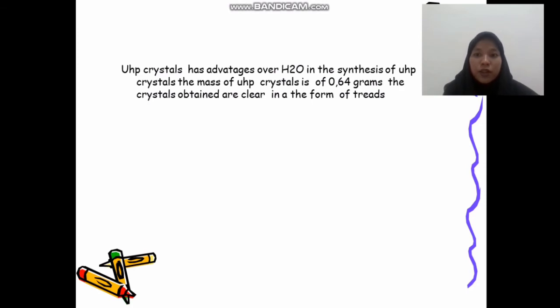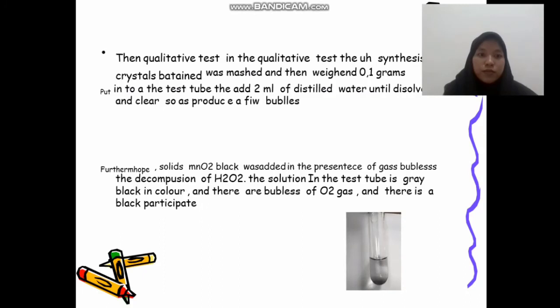The next is the UHP crystal and the synthesis of UHP crystal. The mass of the UHP crystal is 0.64 grams. The crystals obtained are clear. Then the qualitative test: the UHP synthesis crystal is weighed at 0.1 grams and put into the test tube.